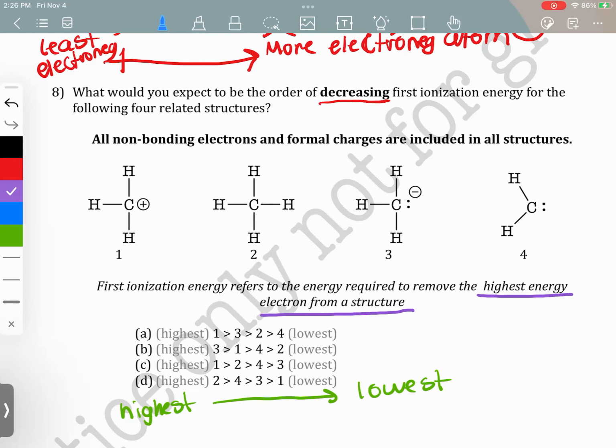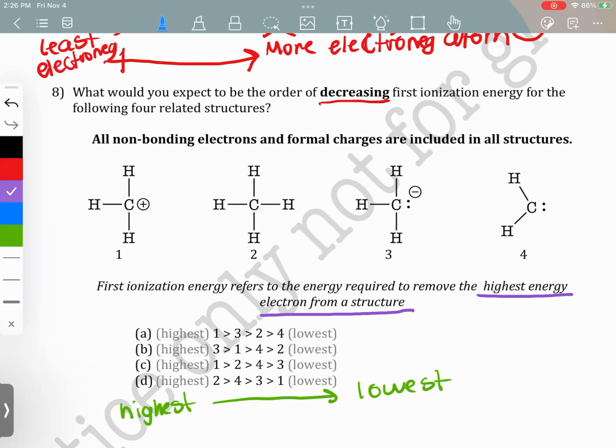You mean like the missing electron on 1, maybe? Right, it's missing an electron on 1. So the difference between 1 and 2 here is their hybridization. That's what we need to pay attention to determine their ionization energy.